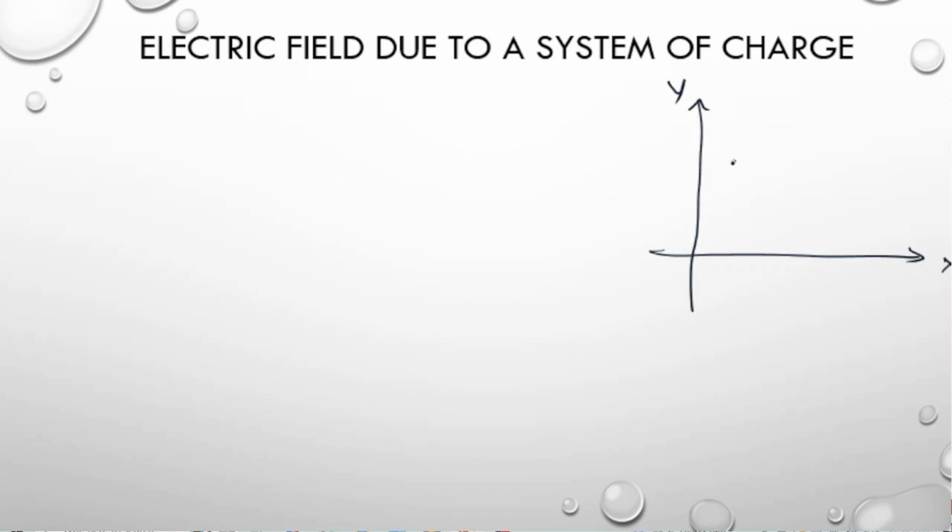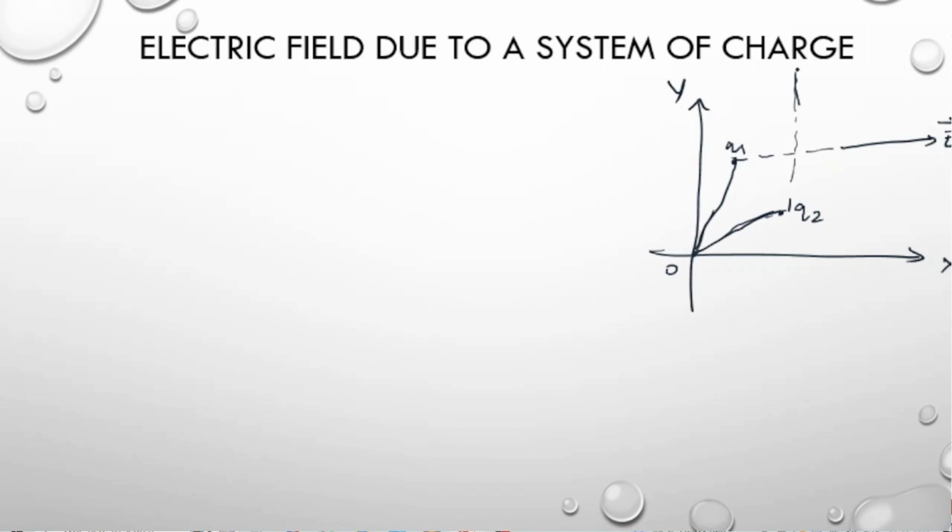So I'm going to have two charges, let these be q1 and q2 on the axis. From the origin, you draw the line joining these. Now I'm going to extend this.